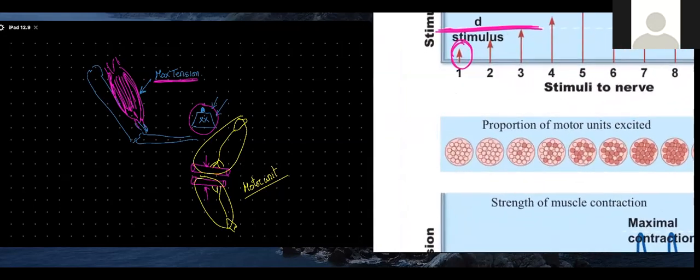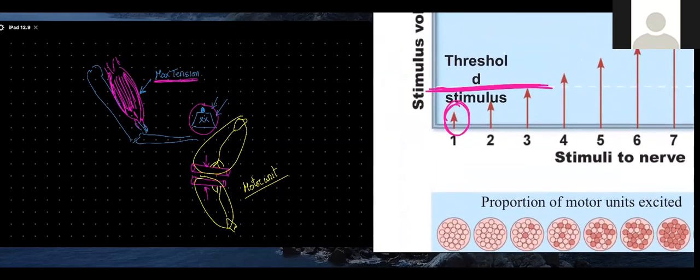All right, so what if I've got stimulation of the muscle which is less than the threshold stimulus? It's weaker than the threshold stimulus. What if I got a stimulus lower than threshold?